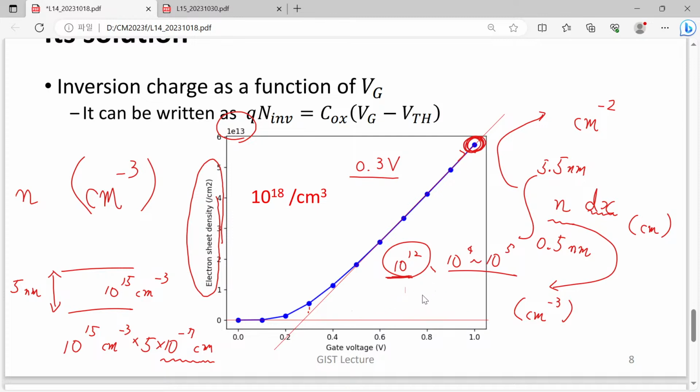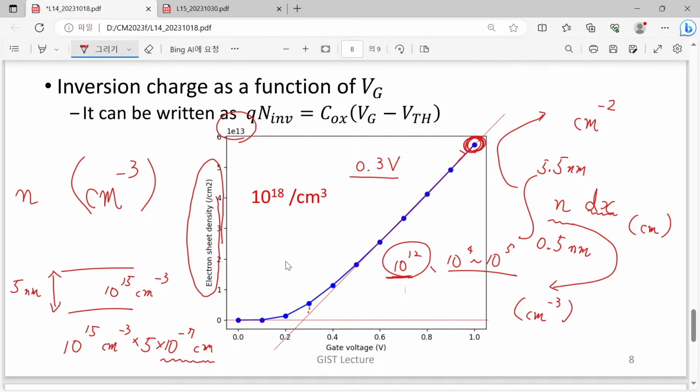So how can that happen? 0.3 volt corresponds to 300 millivolt, and you can easily understand this is 5 times 60 millivolt.